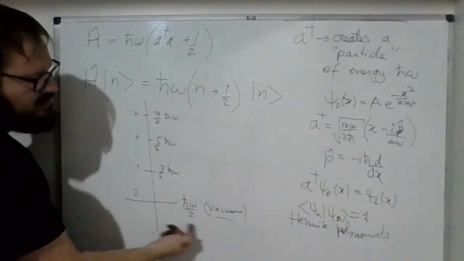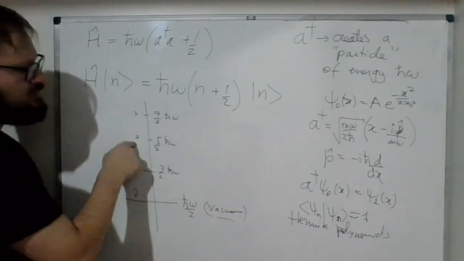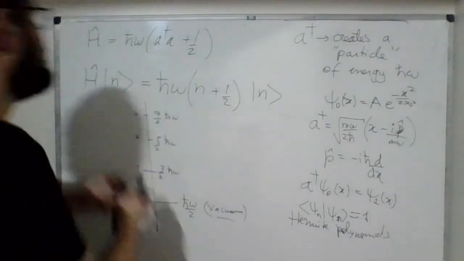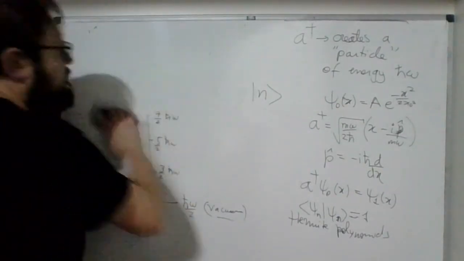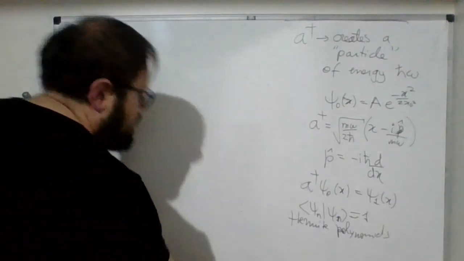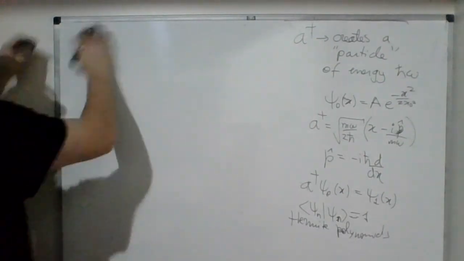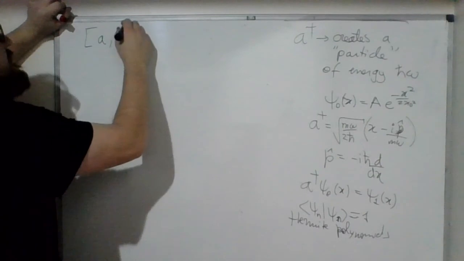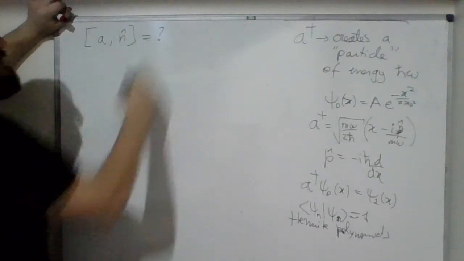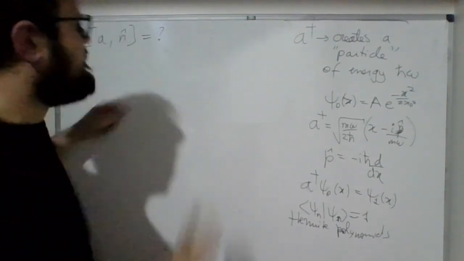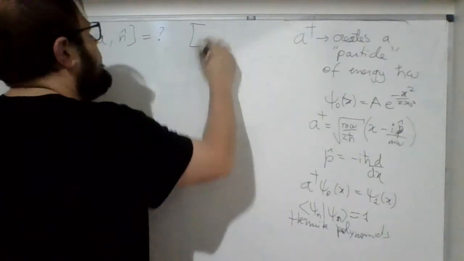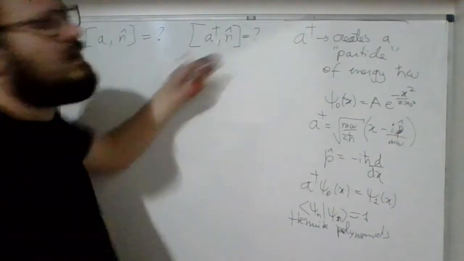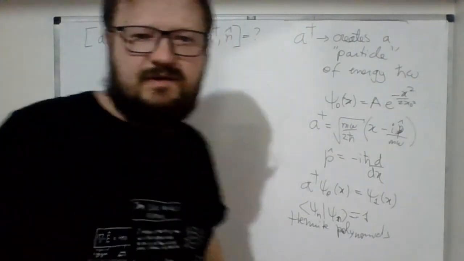So this is the vacuum energy, one quantum, 2, 3, 4, and so on and so forth. Right? You can calculate the algebra for all the things like A commutated with the N operator. Just calculate that. You can calculate A dagger with N. Just calculate that. What do you find in these cases?